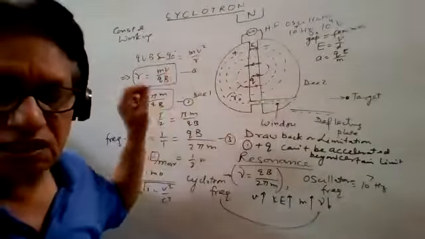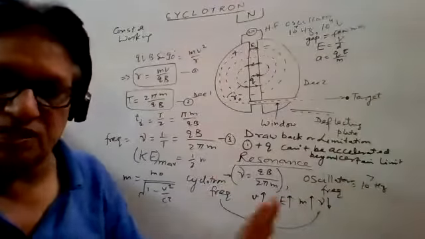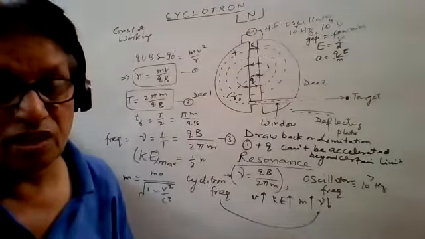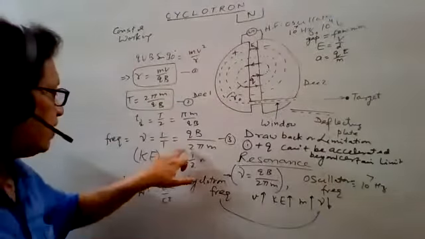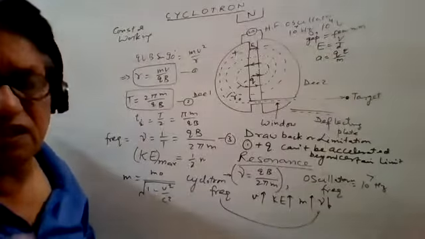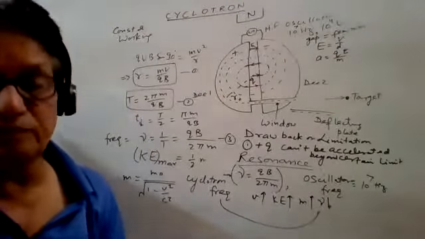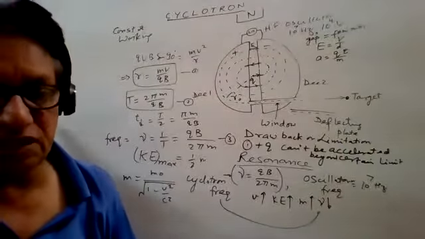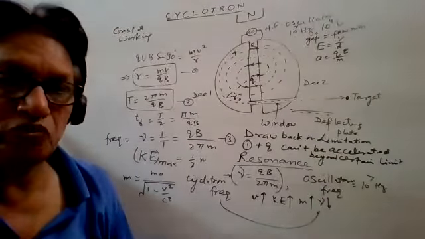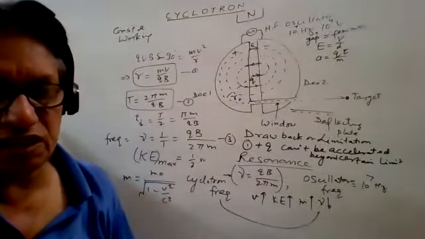Whatever we have discussed, just write that. Numerical problems are rare, just put the values. But that's why I'm saying, 99% a theory question will come. In the board exam, I have seen only theory questions till today.